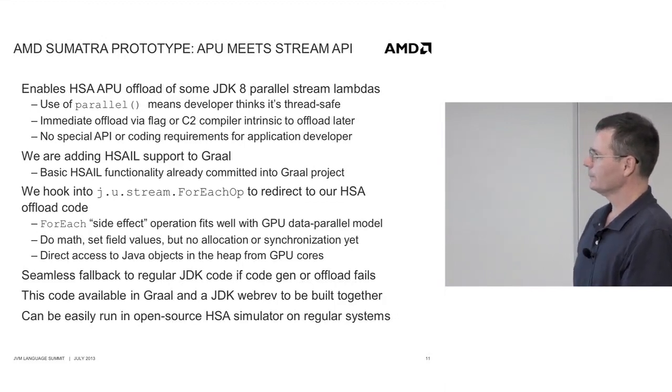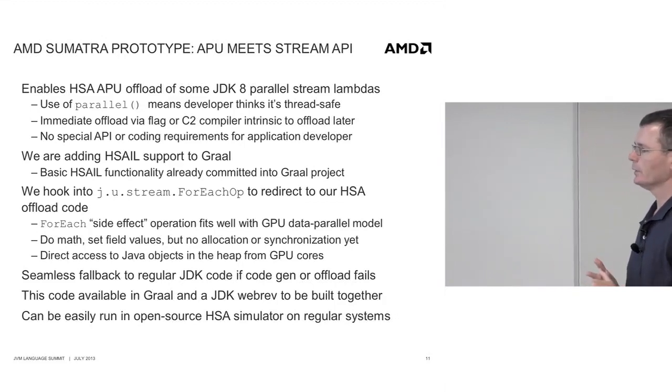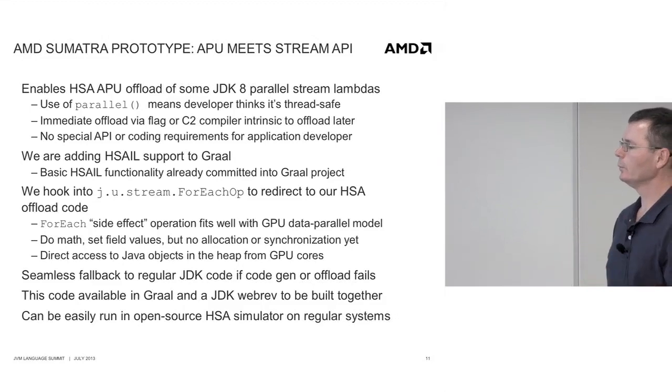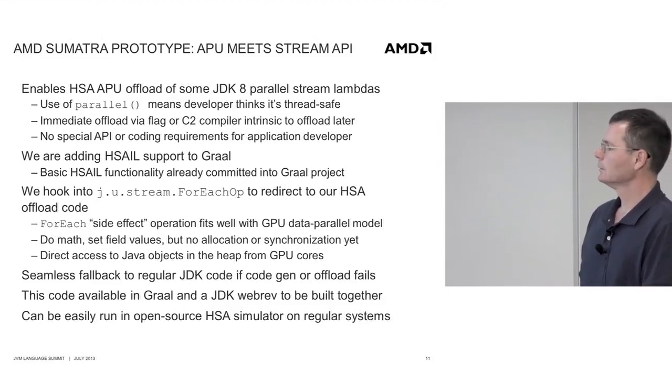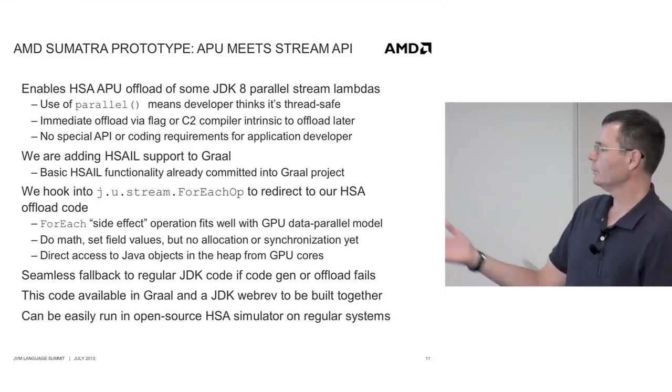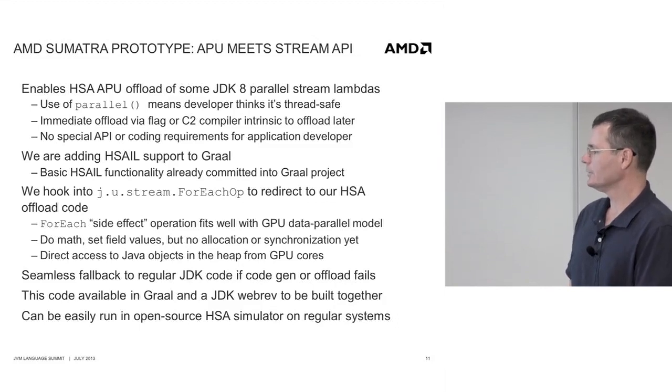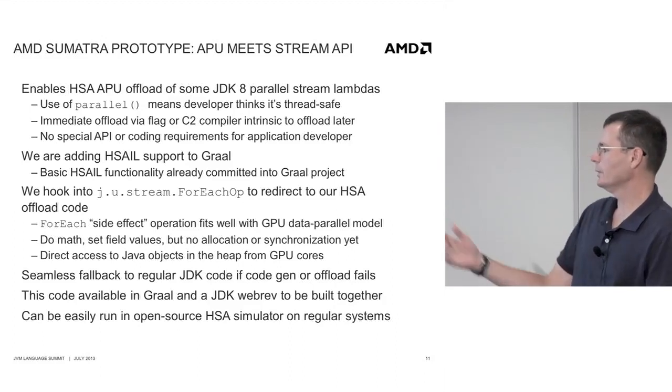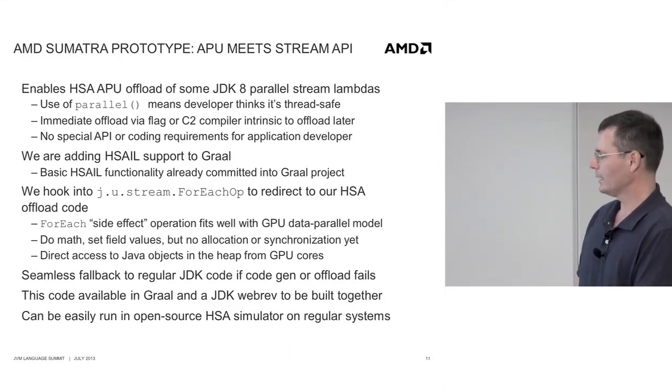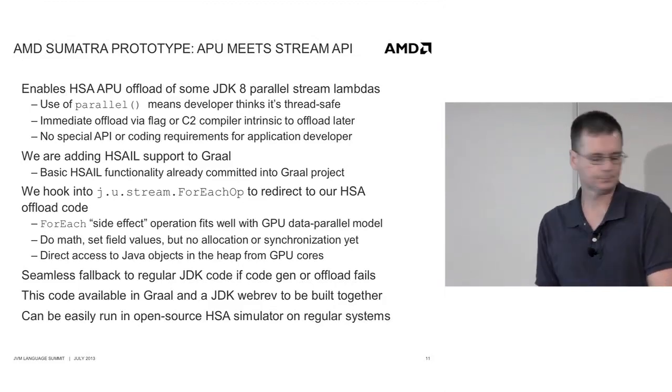And there's no allocation or synchrony. It's just the most simple, straightforward way to do this. And again, because we have the direct access to the Java objects, we just pass in the pointer to the object array, and we can access it directly from the GPU. And of course, we have some fallback and so forth to keep for correctness.